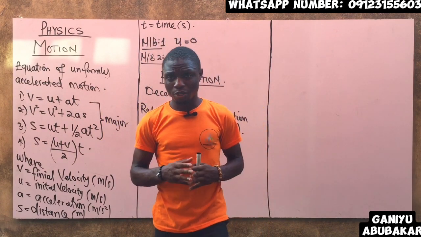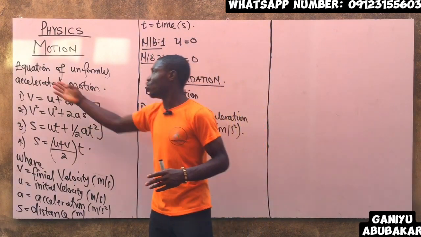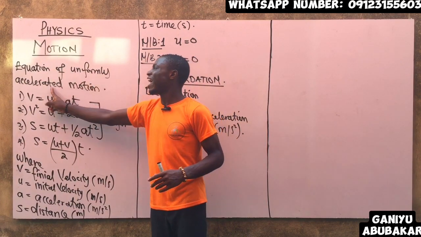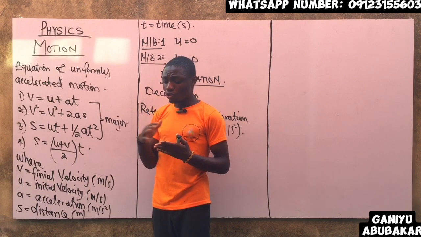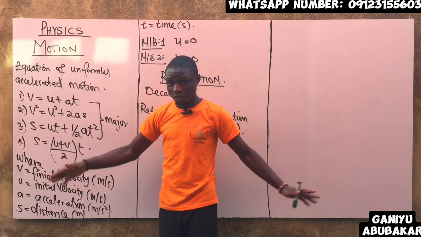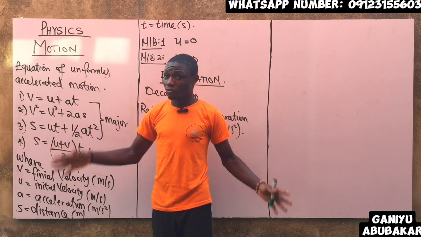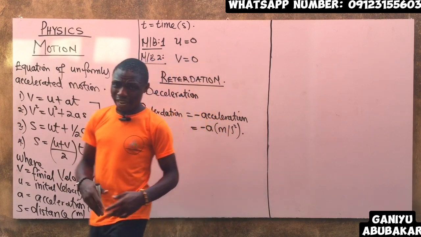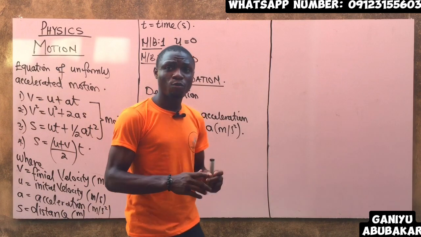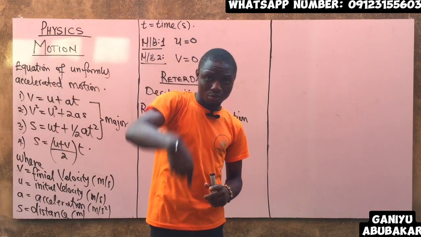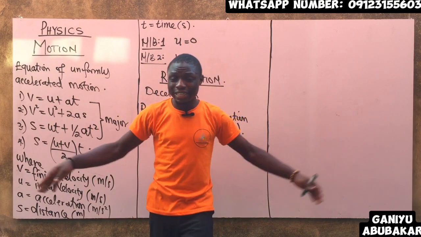Now let me explain something. Whenever it comes to equations of uniformly accelerated motion, the motion is undergone on a horizontal surface. If a car or perhaps a train is moving, a train can never move up or down. It moves horizontally, either left or right.